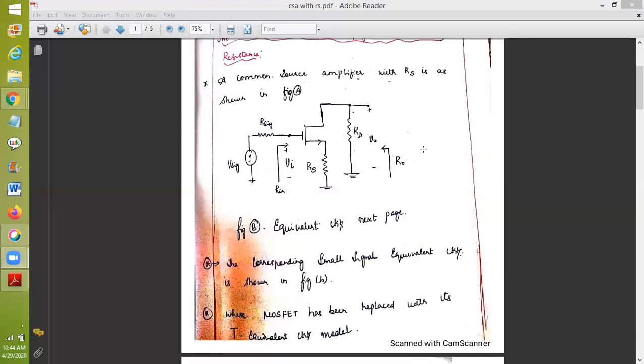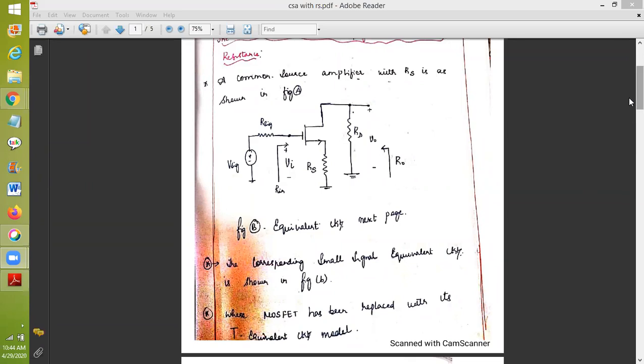So here, is the source resistance present or not? Yes, ma'am. Okay, so the source resistance is present. If the source resistance is present, we have to go for the T model; if it is not present, we go for the hybrid pi model. So since the source resistance is present, we have to go for the T model circuit.